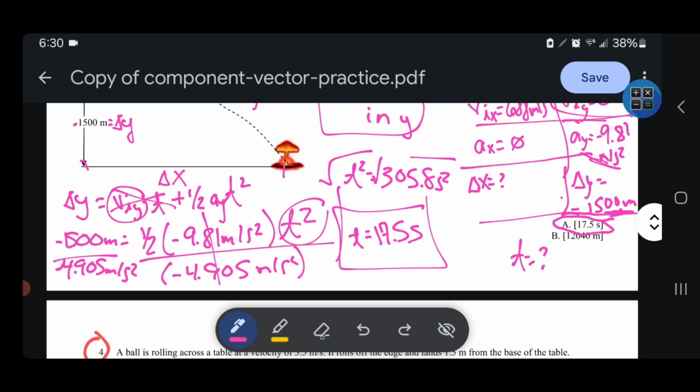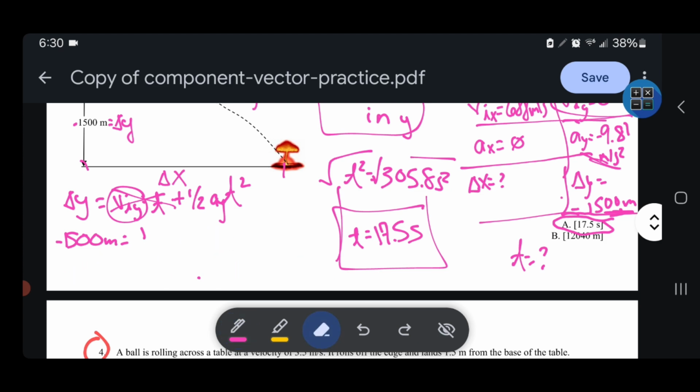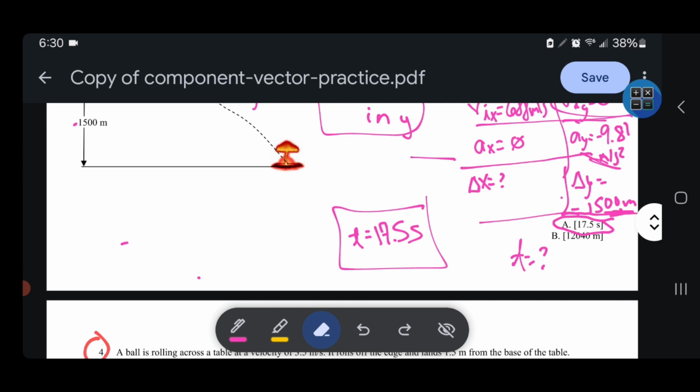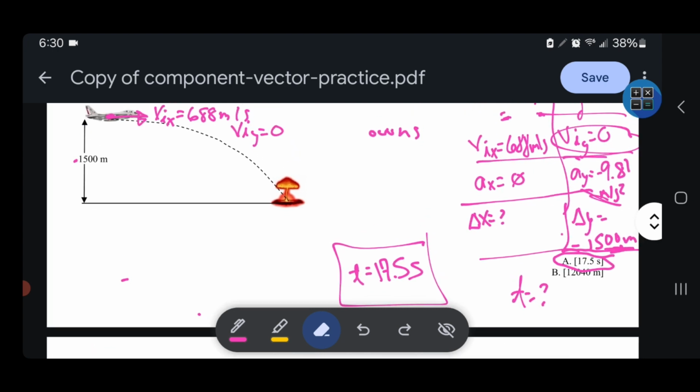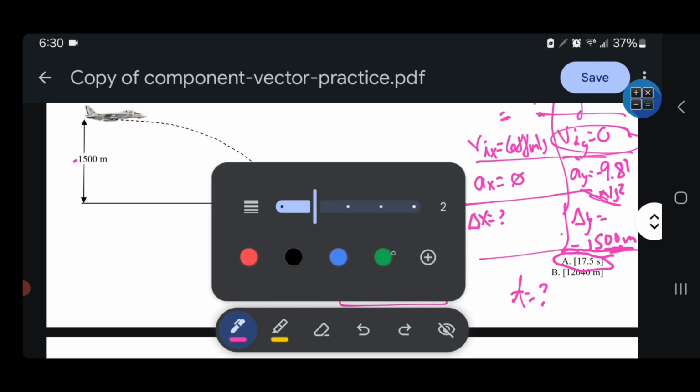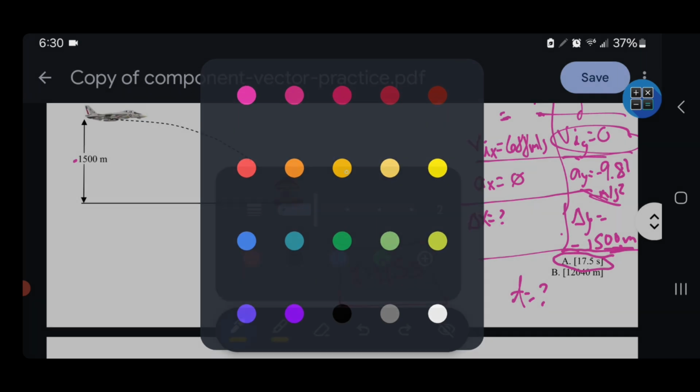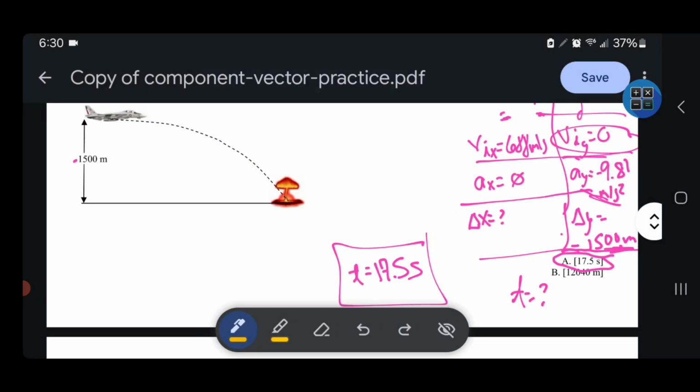Now the second part is incredibly easy because you're going to use the third kinematic and find your delta x. Because you were given a velocity initial in the x of 688 meters per second and there is no acceleration in the x, your third kinematic is going to be delta x is equal to your velocity initial in the x times time plus 1/2 acceleration in the x times time squared.